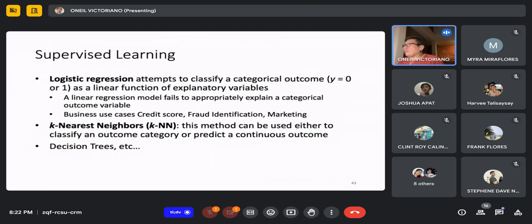So example is a logistic regression, meaning the same with linear regression, there would be items that would connect to certain classification. Another method is k nearest neighbor or KNN. So other would be this is for prediction for continuous data, while for decision trees, these are just examples.